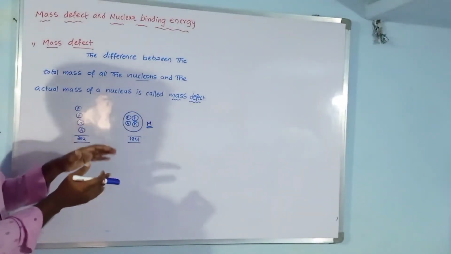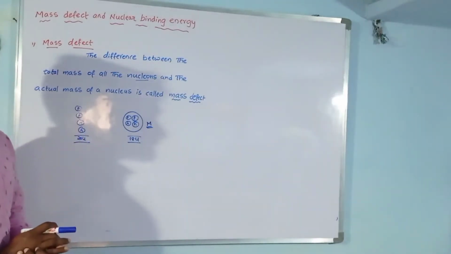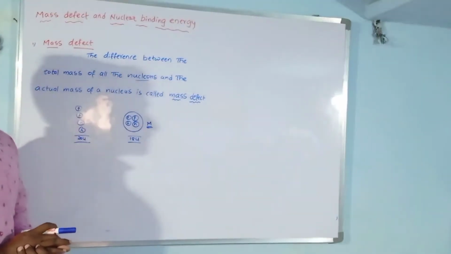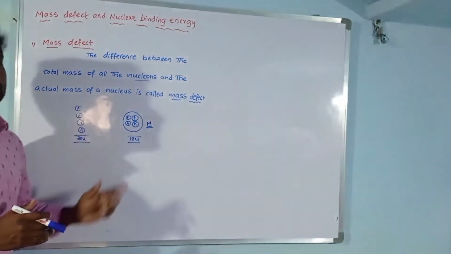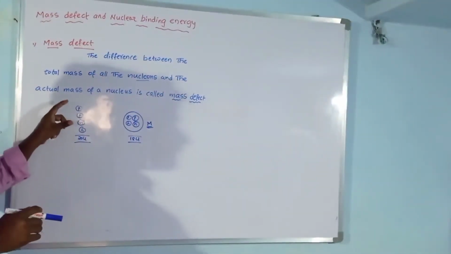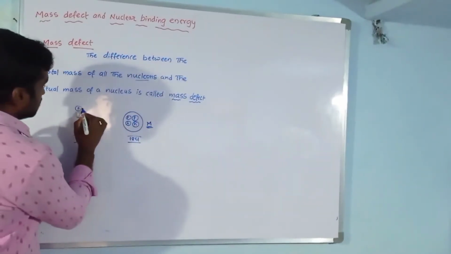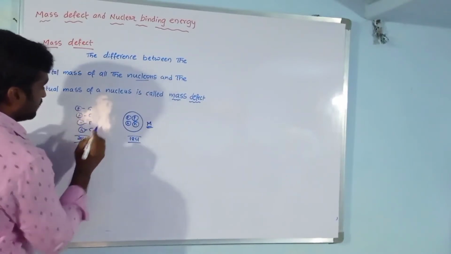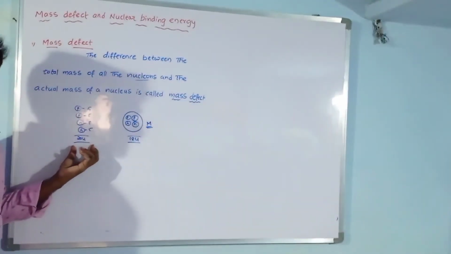When these nucleons are joined to form a nucleus, it must lose some amount of mass. The amount of mass lost by this nucleus is called mass defect. When we measure the mass of the nucleons individually, suppose this is 5 units, 5 units, 5 units, 5 units, when we join these we will get 20 units of mass.